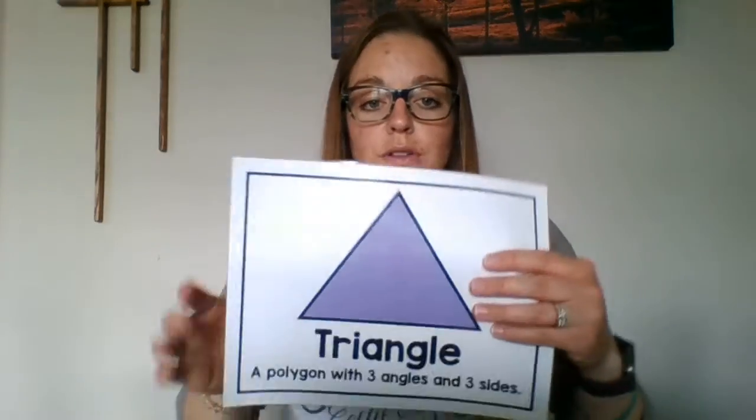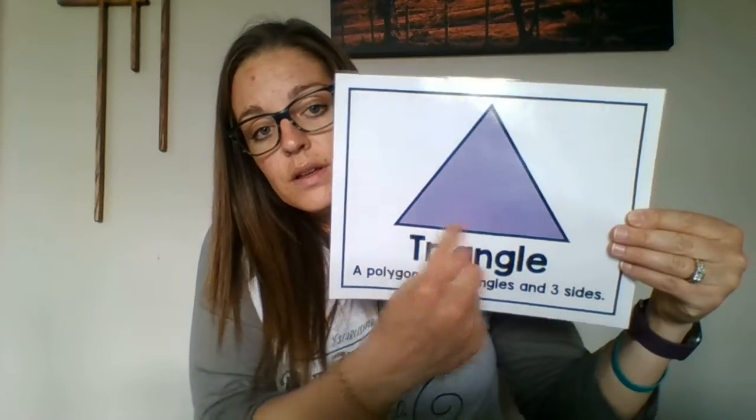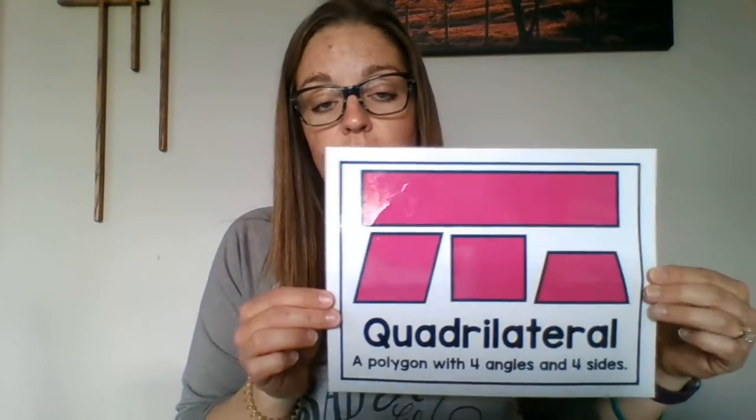Okay, so those are our 3D shapes. And then we specifically talked about faces, edges, and vertices. Then we moved on to 2D shapes. So our first 2D shape we talked about was a triangle. And remember, triangles always have 3 sides, 1, 2, 3. We talked about quadrilaterals, any shape that has 4 sides, so like 1, 2, 3, 4.